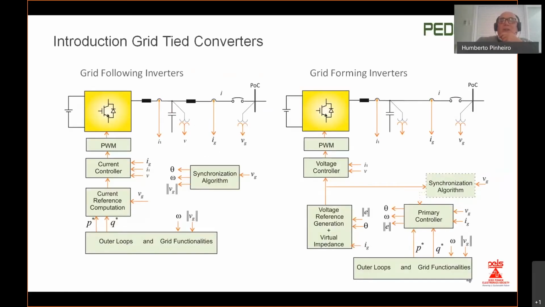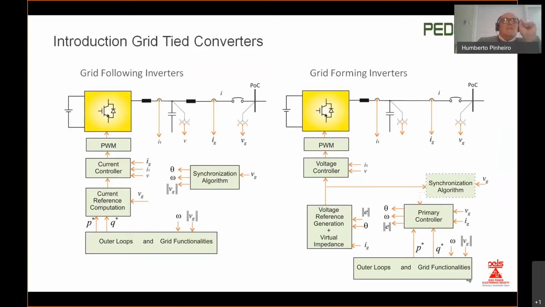So basically, there are two ways to control inverter-based distributed energy resources: grid forming and grid following. The vast majority of inverters found in PV and wind turbines that are in operation nowadays are controlled in the grid following mode. A typical block diagram of a grid following inverter controller is shown on the left.